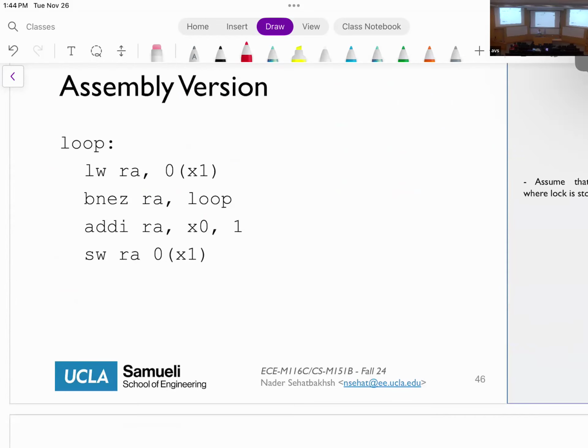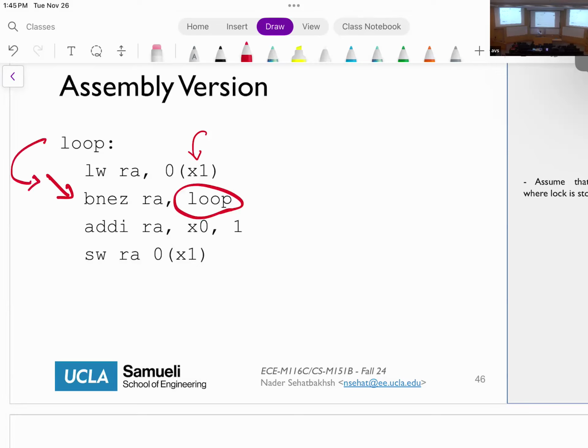If you want to see the assembly version, it would look something like this. Let's say x1 is the address of the lock. So you keep loading from the address of the lock to some register, let's say RA. And then you do branch not equal 0, and then you loop back. So this is your while loop, this is your busy loop.